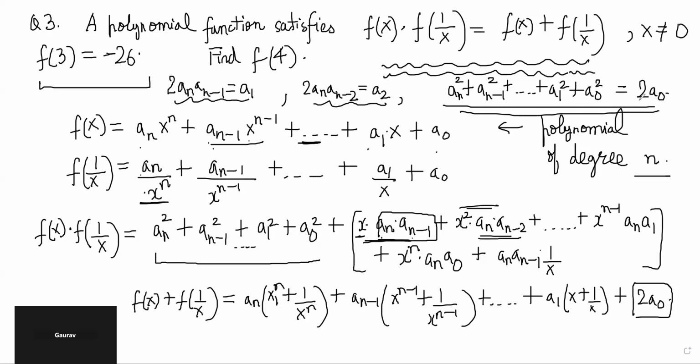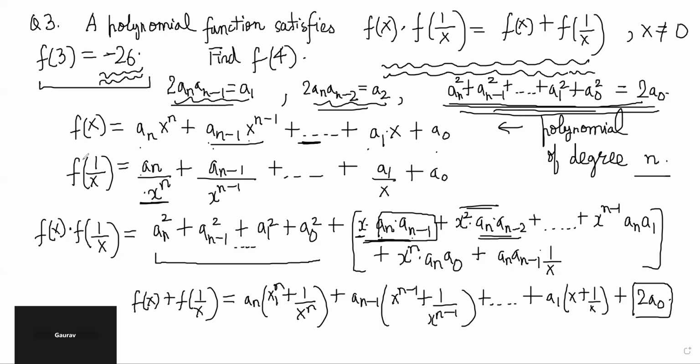Now think about it. We know the value of f3 is equal to minus 26, right? So technically, you have to try to guess what kind of polynomial it is and how can we satisfy such equations, right? It would be easier to do, like right now we have written a general equation, it would be easier to do if you try it out for a smaller degree polynomial.